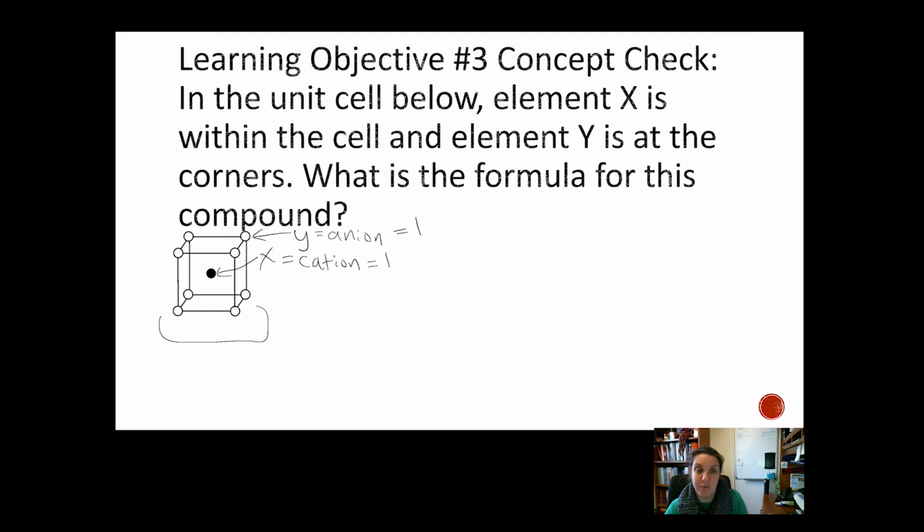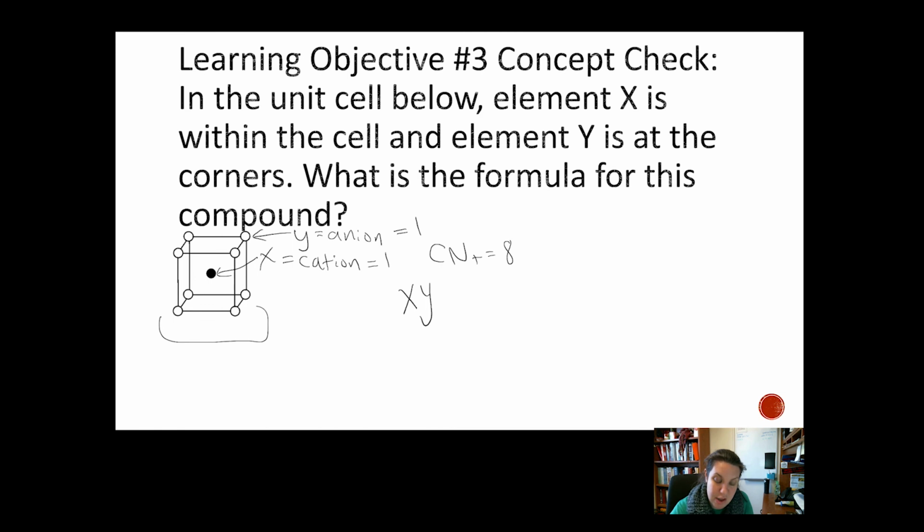So we have a 1-to-1 ratio of our anion to our cation. In this case, we would have an empirical formula of XY. Our X goes first because that's the cation, our Y goes second because it's the anion. Also, some information you might glean from this is our coordination number of our cation, which is 8.